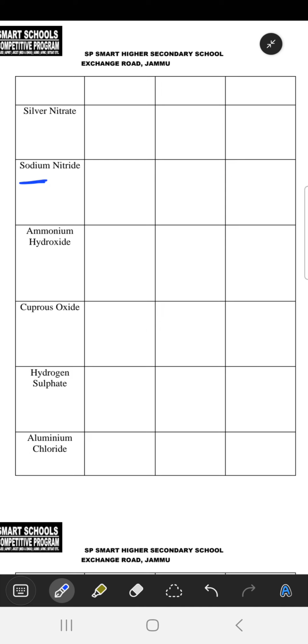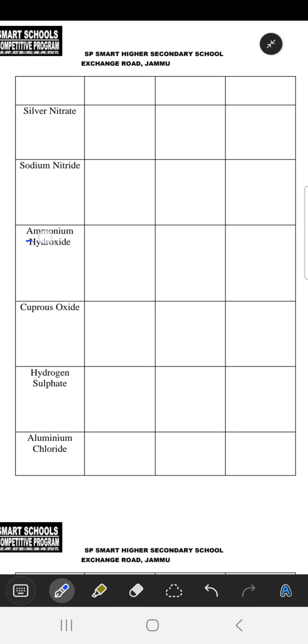Next is sodium nitride. For the sodium, we have Na positive, and for the nitride, that is N3 negative. Combining these two, what we get is Na3N, which is called sodium nitride.